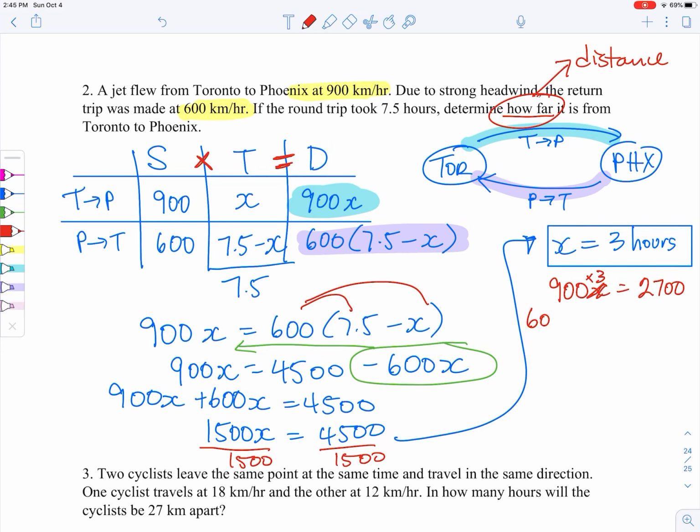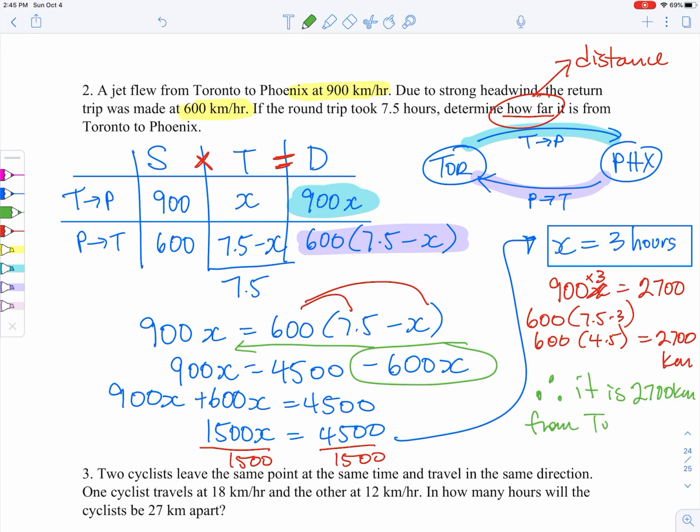Or we could do 600 times 7.5 minus 3, which would be 600 times 4.5, which also works out to 2700. So whichever way we do it, it's going to be 2700 kilometers. So therefore, it is 2700 kilometers from Toronto to Phoenix.